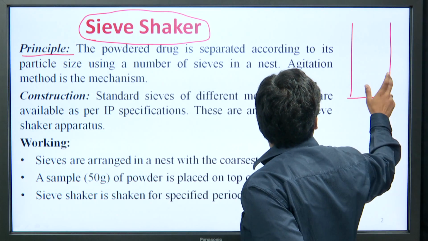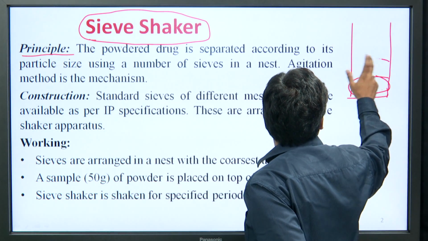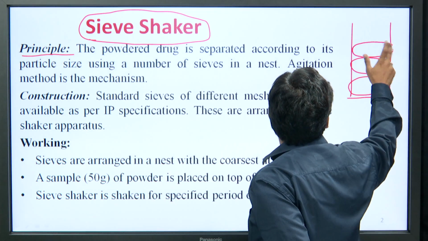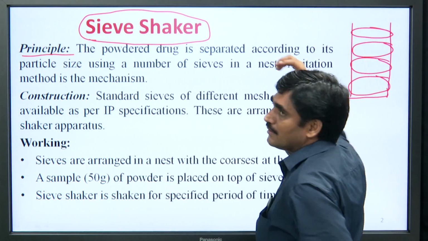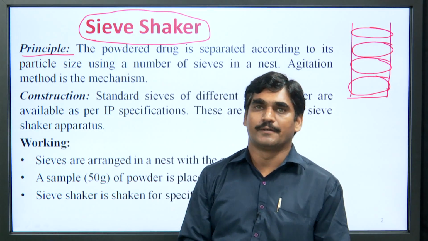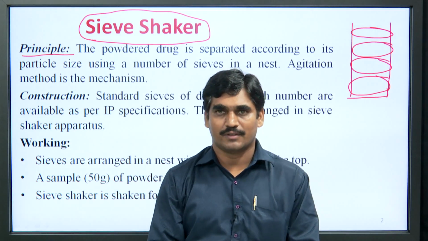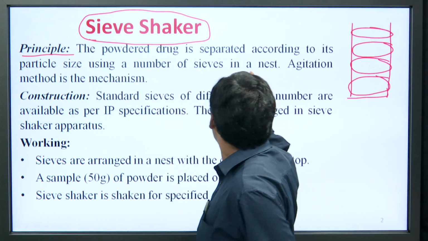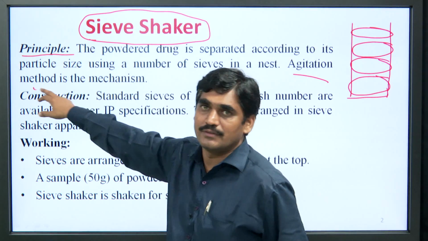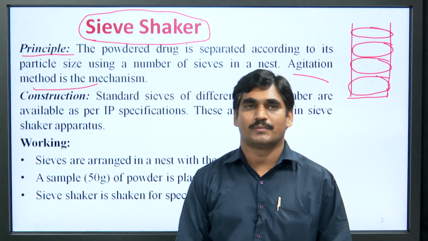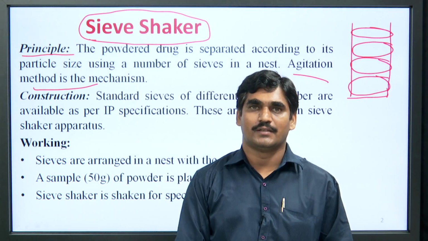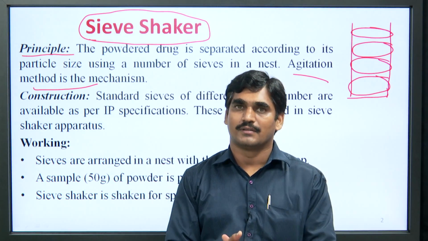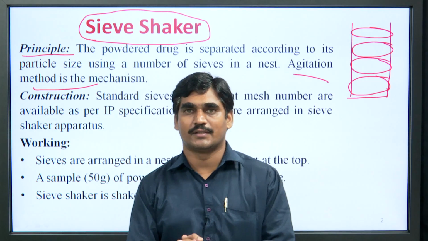Here the different sieves are arranged in this manner, that is called sieves in a nest. Mainly the agitation method is used as the mechanism of size separation in this sieve shaker instrument.